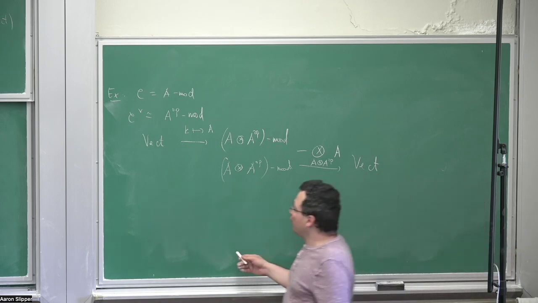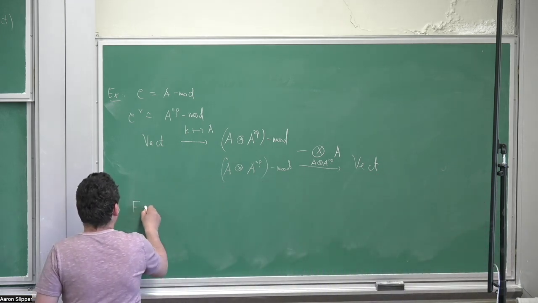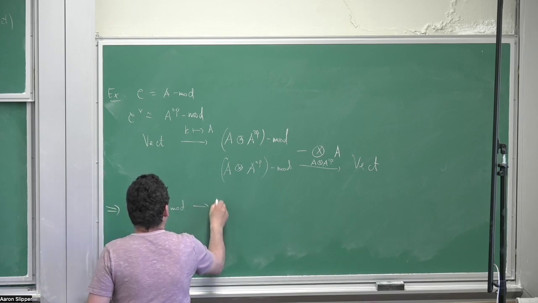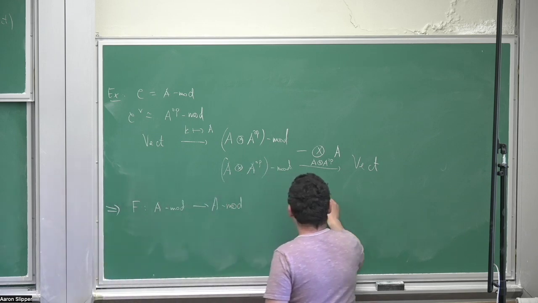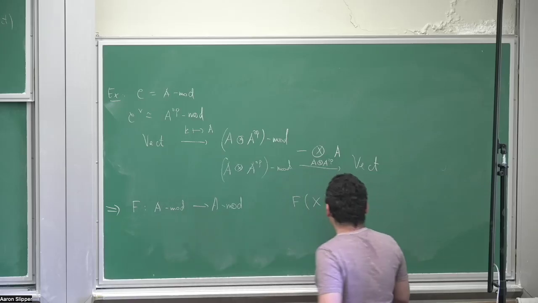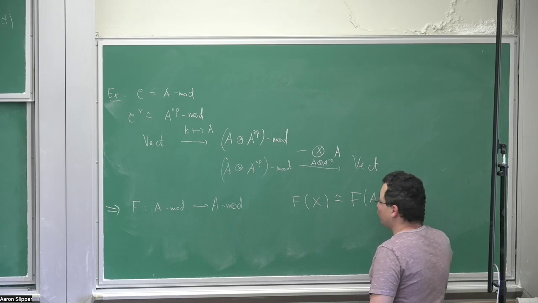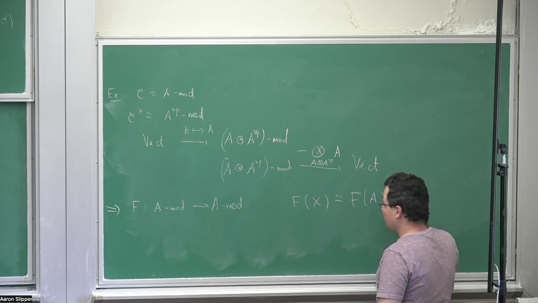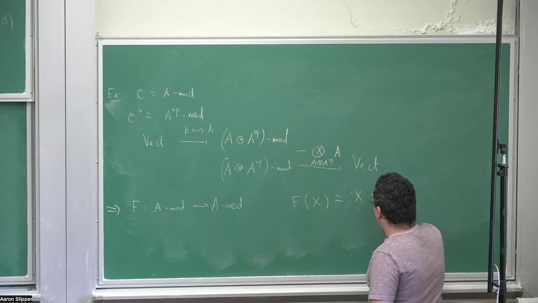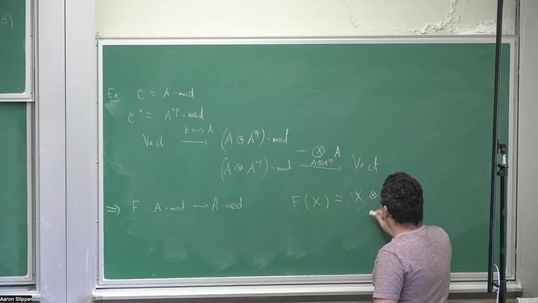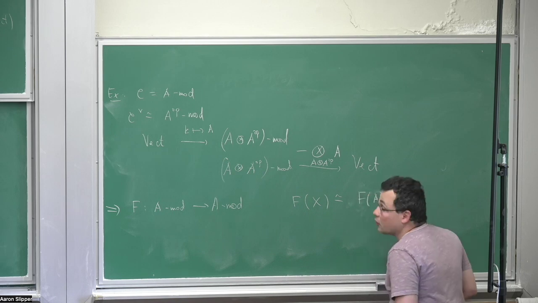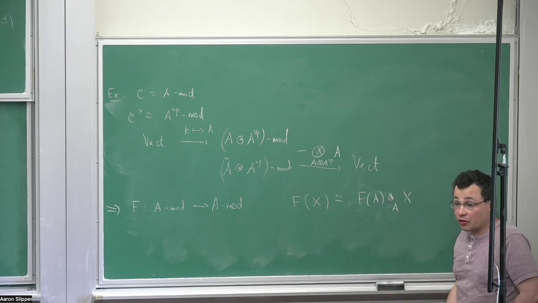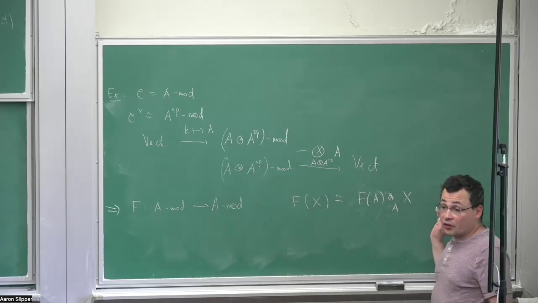And then what I get is that if F is from A-mod, then F of X is F of A tensor over A with X. Then every colimit preserving k-linear functor is of this form.